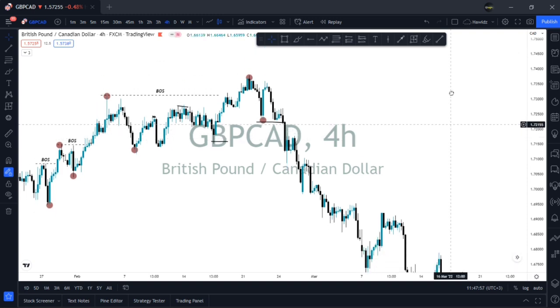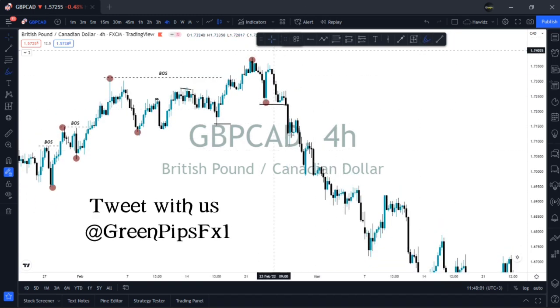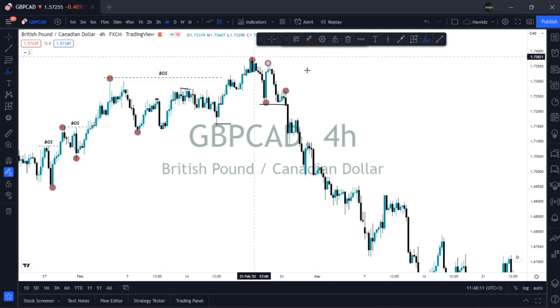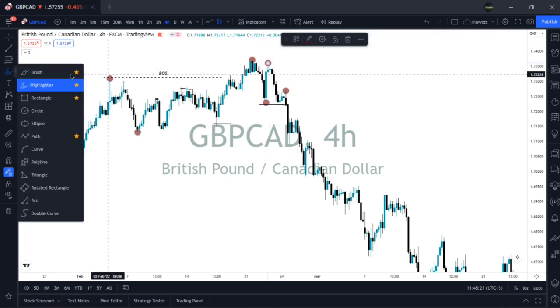So let's make this a little bit narrower. Okay, so as soon as this low right here was broken, this was the high that failed to break structure, as I did say before. So let's return it like that and use the brush.